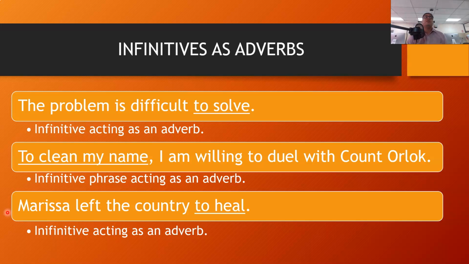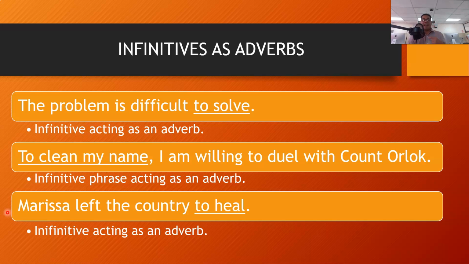Sometimes it's difficult to figure out if an infinitive is acting as an adjective or if it's acting as an adverb. So what I usually do is first to test, to check if the infinitive is acting as a noun.